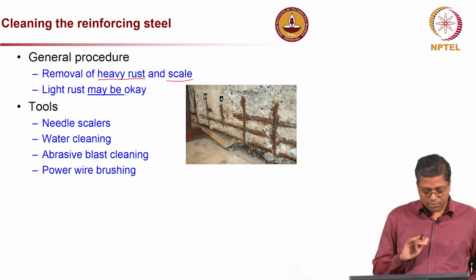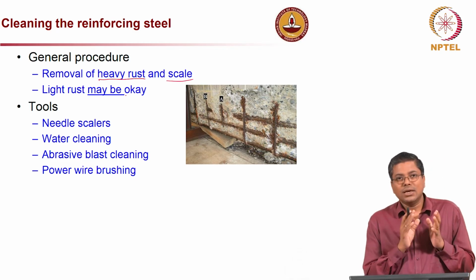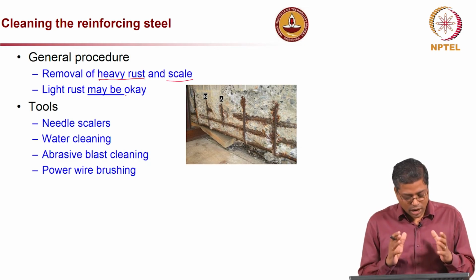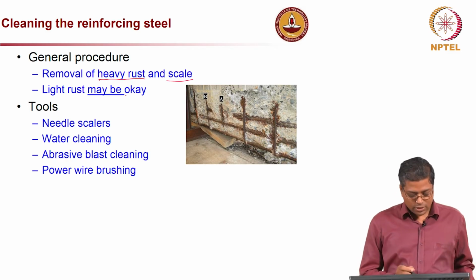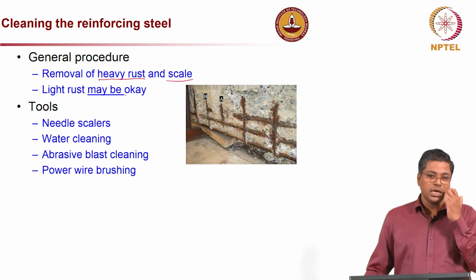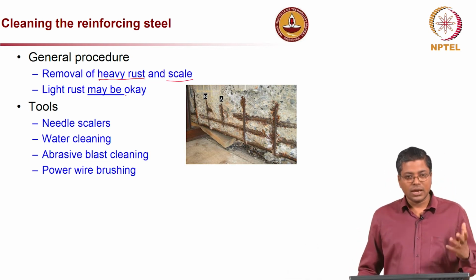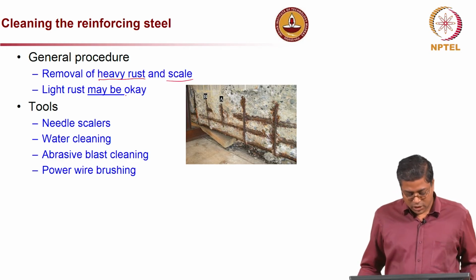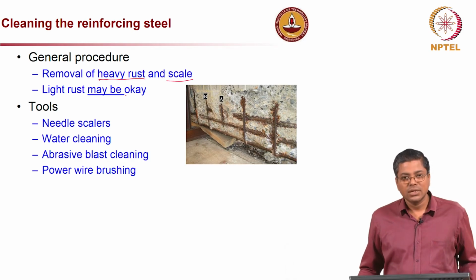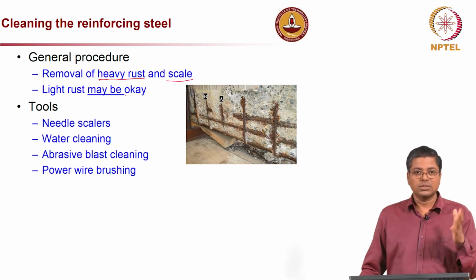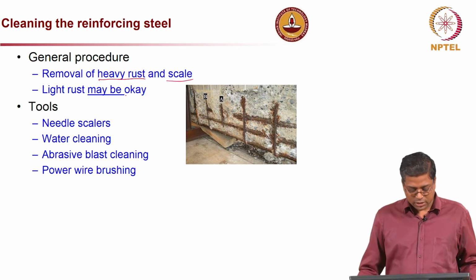Even an emery paper or something you can use, but again the judgment of light rust is based on the person. So, you have to ensure that it is really light, otherwise it is better to remove the rust completely and make the bars as clean as possible, grayish in color, not shiny, sorry, grayish in color, so that you know that there is no rust present, and also there is no particle which caused the rust, like chlorides and others, left on the steel surface.